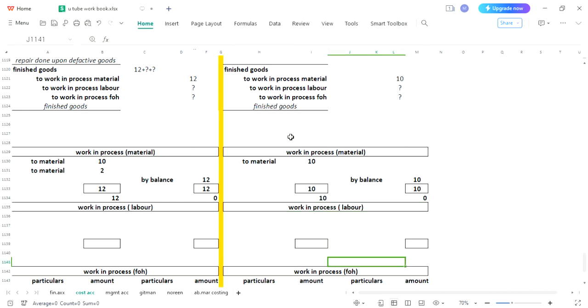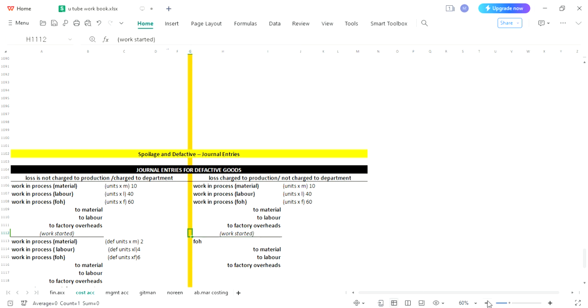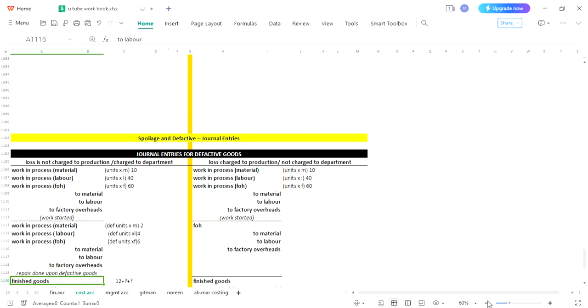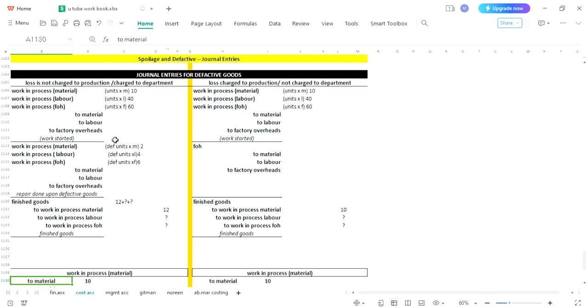Again, I would like to zoom out a little more to let you know what your progress would be. This is your complete page where there would be three entries on the left side. First entry to start your work, second entry to repair, and third entry for finished goods. And three entries are also present on the right side of the page with the second option, loss charged to the production.